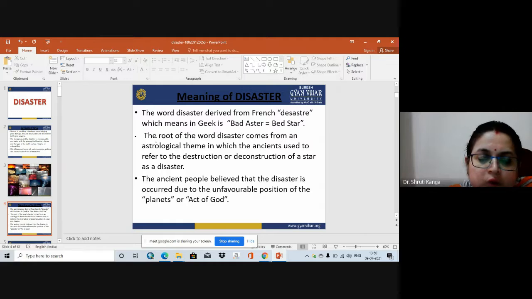So this is a French word, which means a bad star. The root of the word disaster comes from an astrological theme in which the ancient people used to refer to the destruction or deconstruction of a star as a disaster.